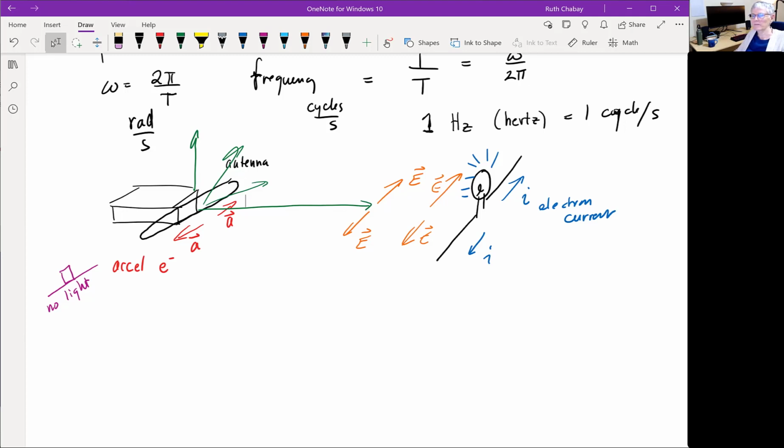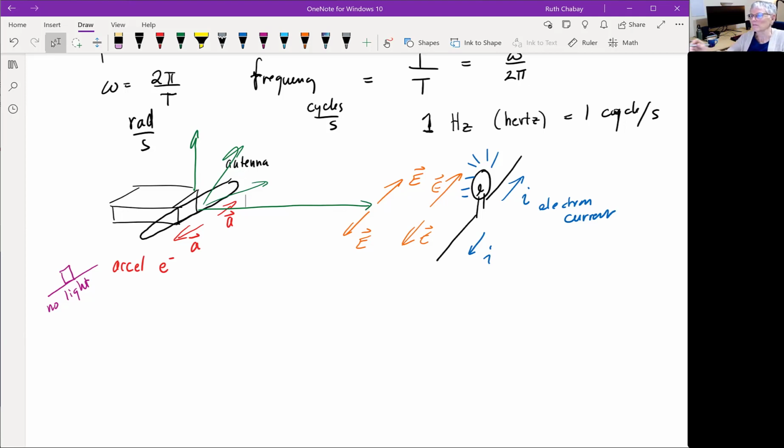So the net field at any location in space is the sum of all the fields due to all sources, including stationary charges and accelerated charges.